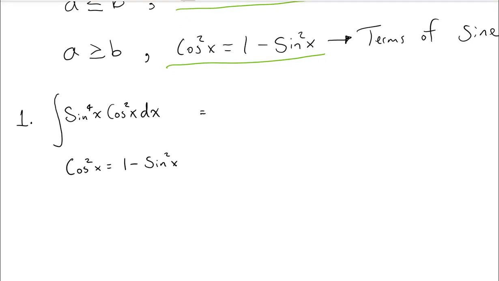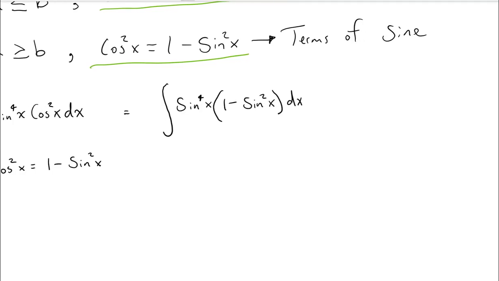Now if we rewrite this integral, we'll have sine to the fourth of x times 1 minus sine squared of x dx. Now we can distribute the sine to the fourth of x, and we get the integral of sine to the fourth of x minus sine to the sixth of x dx.